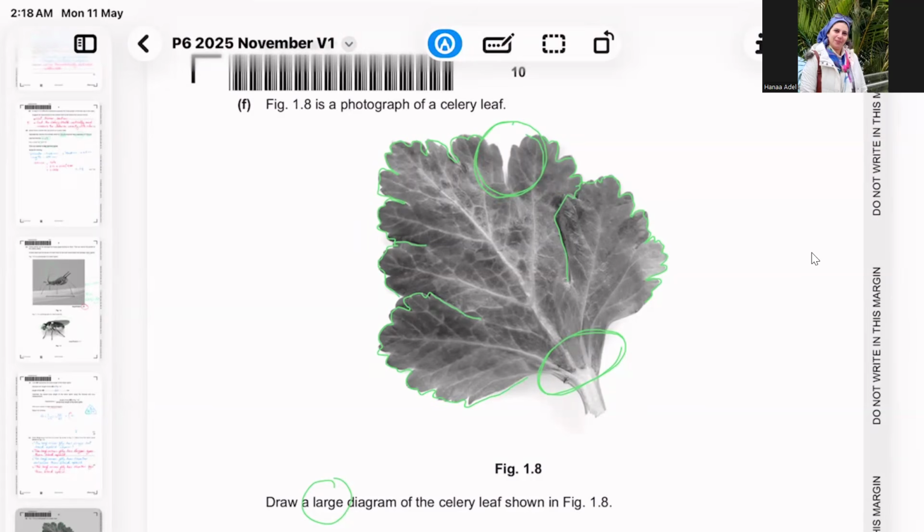Okay, and then we have the middle vein. When we have this middle vein, we have different veins coming from the same place. Okay. The middle one is thicker, so we can make any thick vein as a double line. But all of them are starting from the same point.